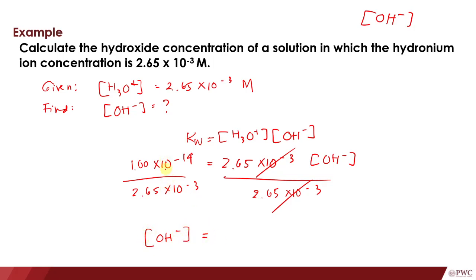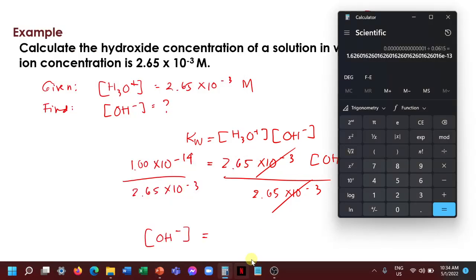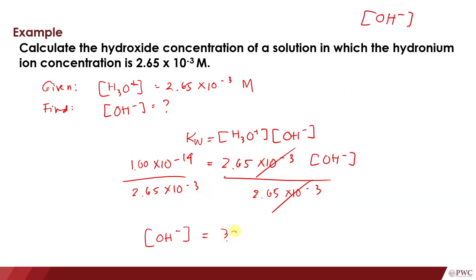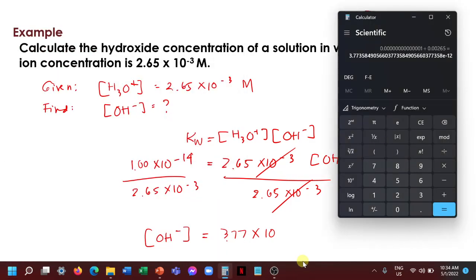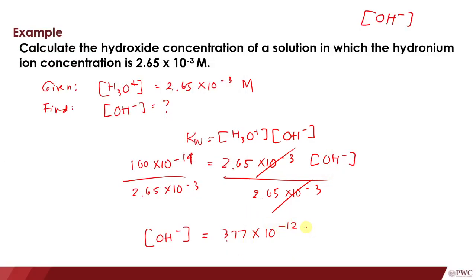Then we divide 1.00 times 10 to the power of negative 14 by 2.65 times 10 to the power of negative 3, using our calculator, and that is equal to 3.77 times 10 to the power of negative 12 molar.